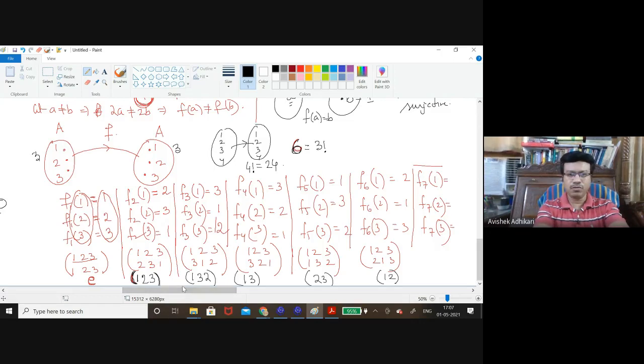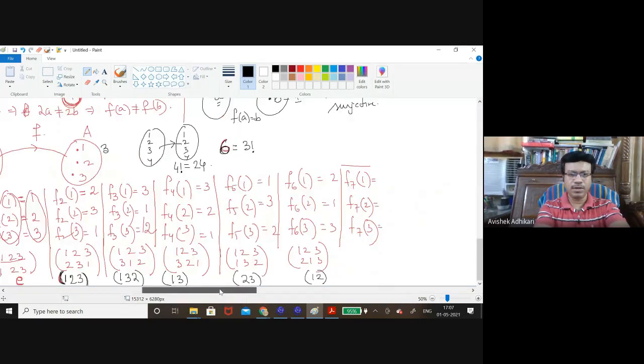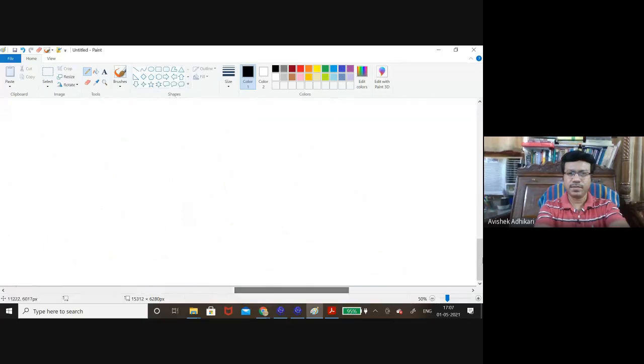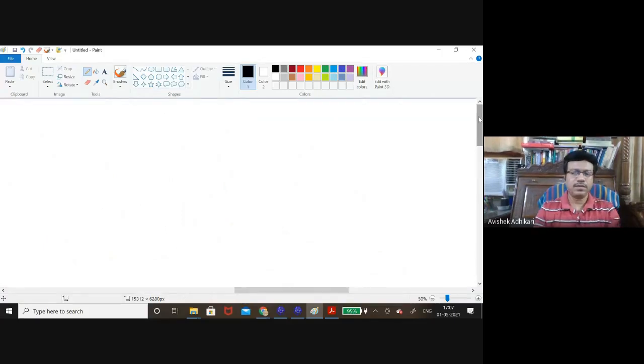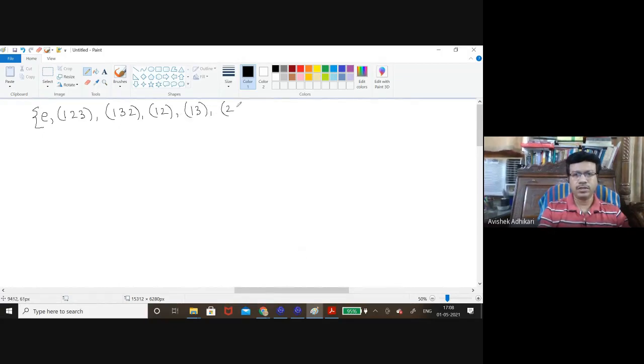Now I come to a little bit of abstract algebra with this bijective mapping. So consider all such elements on 3 elements permutation, like E. If you remember, it was (1,2,3), then (1,3,2), and then the 2-cycles (1,2), (1,3), and (2,3). So they are the 6 elements.